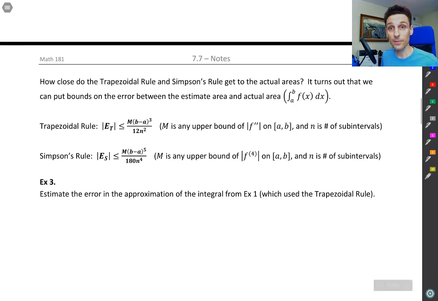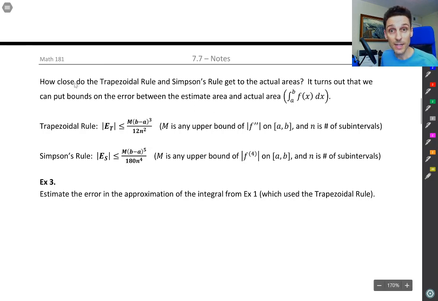Also, the value of the error bound is affected by this upper bound of the absolute value of the second derivative. Remember what this second derivative means. It's a measure of how much a function curves, either concave up or concave down. It gives you a measure of concavity, but it tells you really how the function is curving.